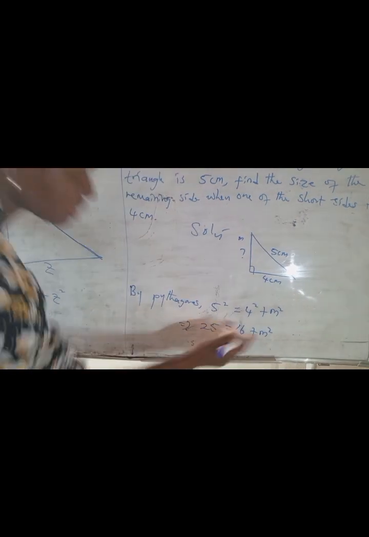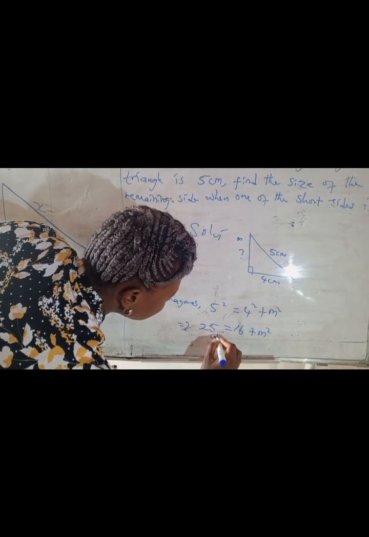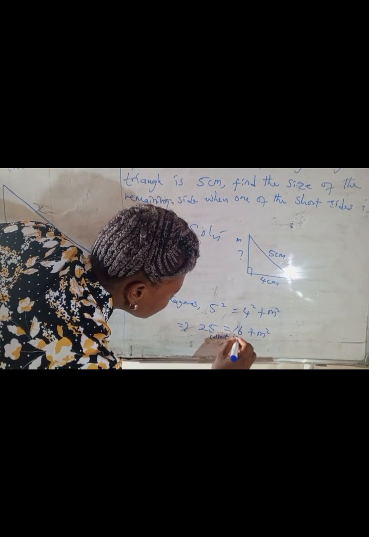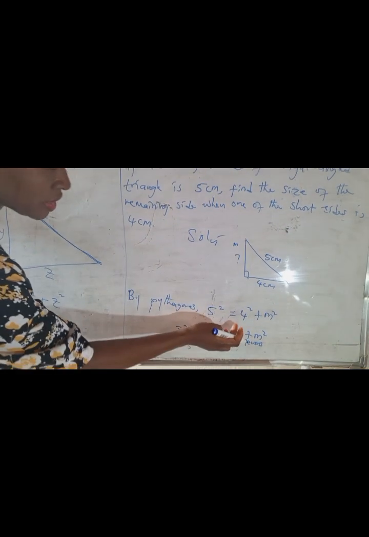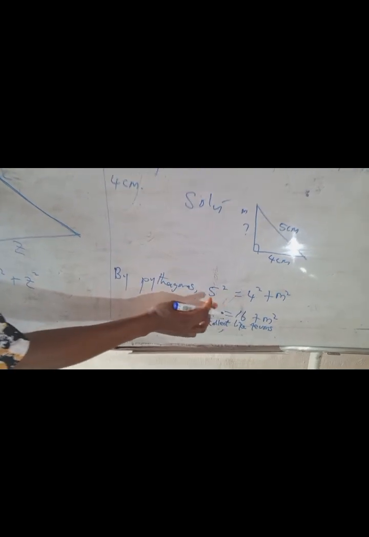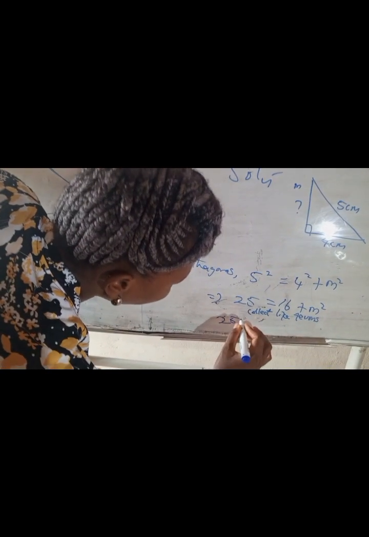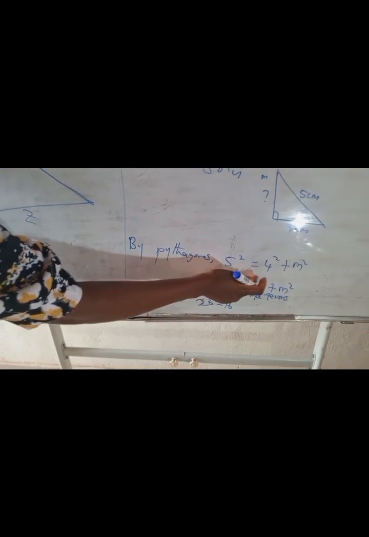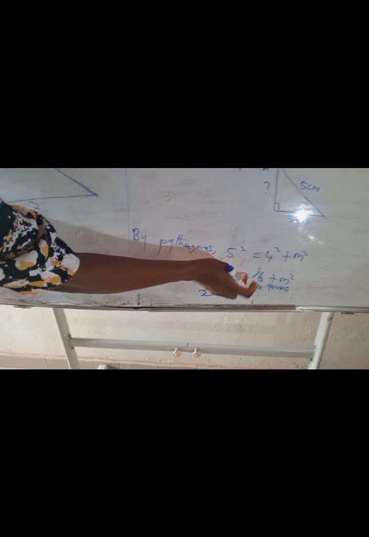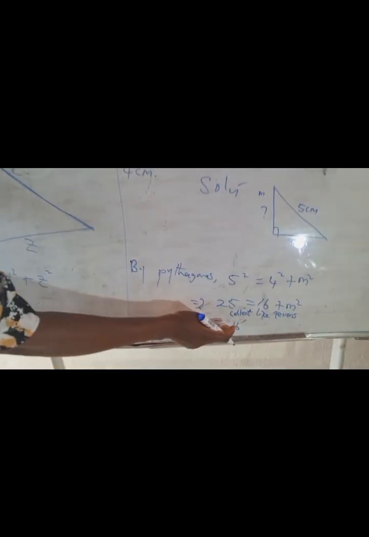Then at this point you collect like terms. So you bring this number across to the left side, and you will have 25 minus 16, because it's a positive number. So when it is taken across this equal sign, it will turn to what?